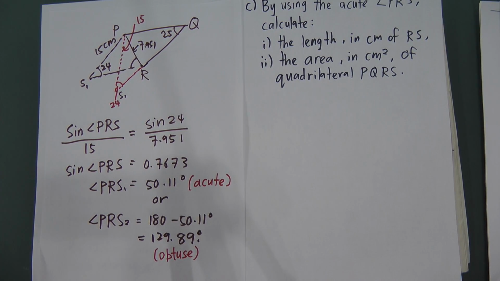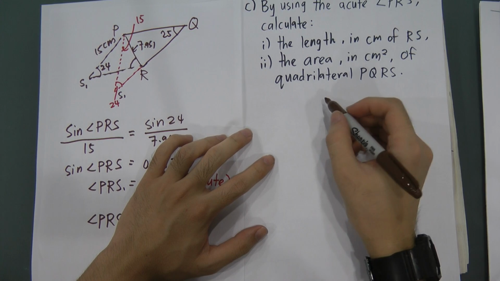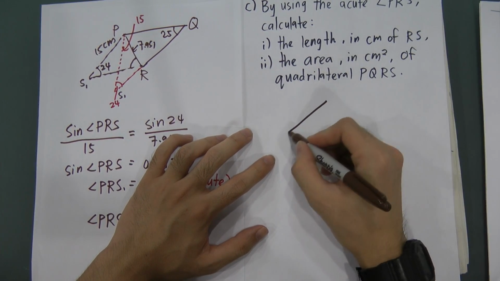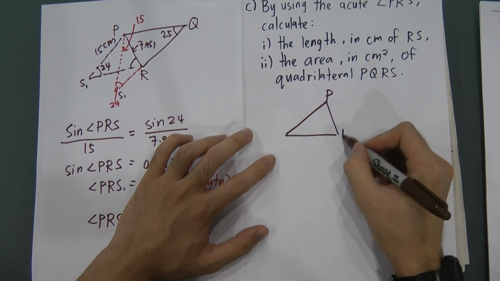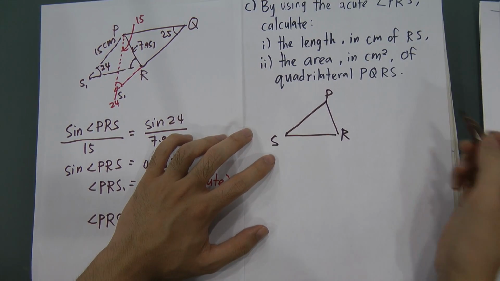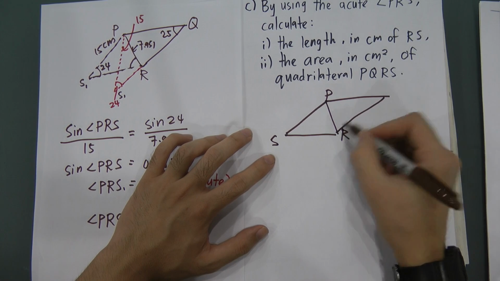So I just briefly draw out the things. I draw the P, R, and S. This one is Q here.